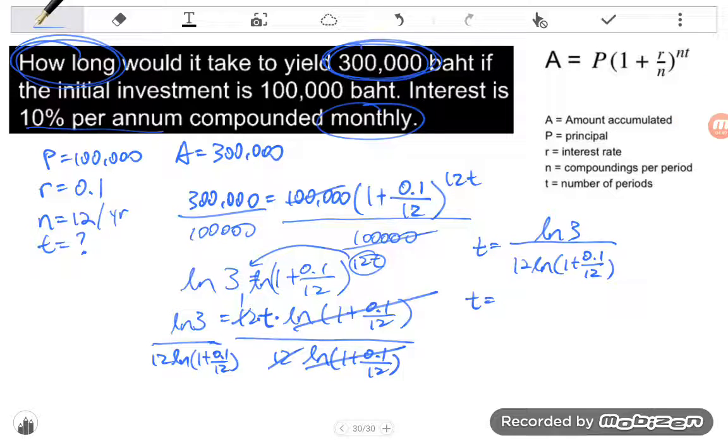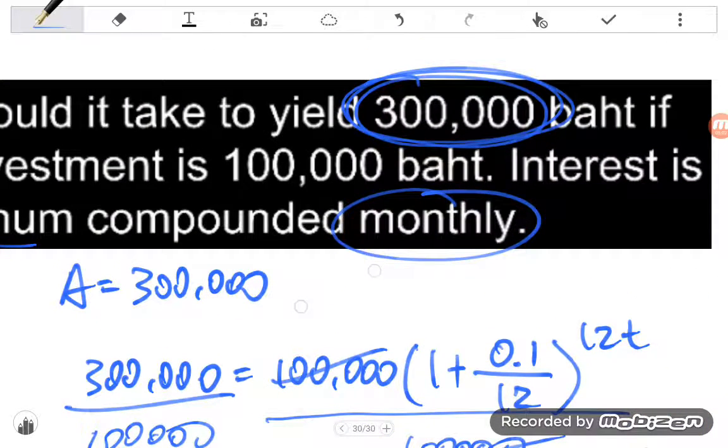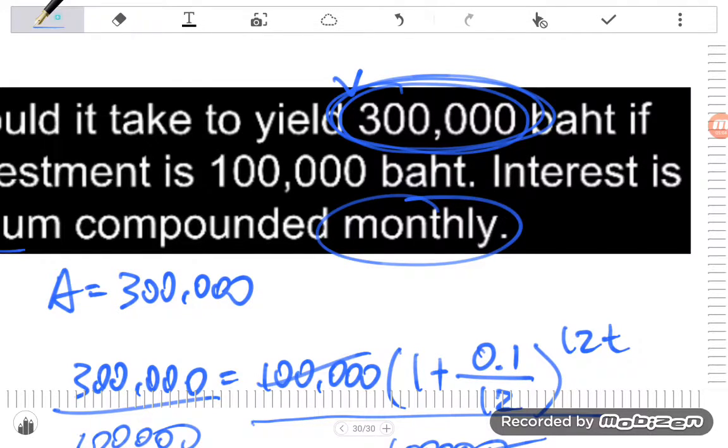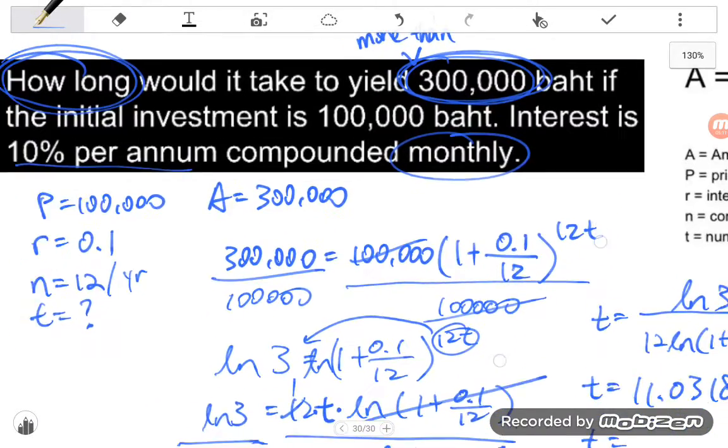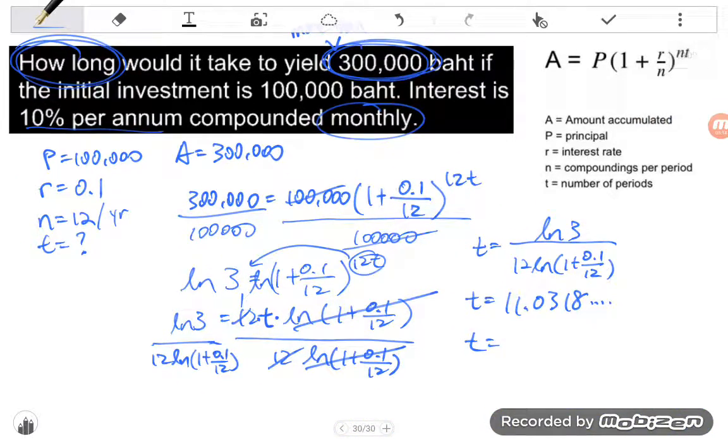My answer will be, my T is going to be 11.0318 and so on. So they're asking us, how long is it going to take to get 300,000 baht? The question should say how long is it going to take to yield more than 300,000 baht.